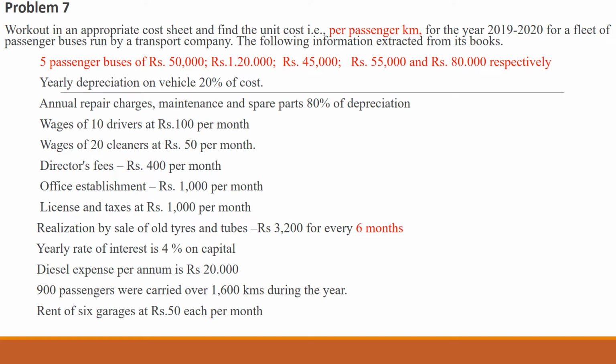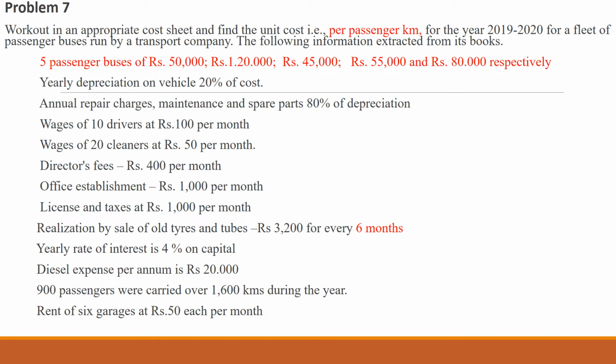So this is the problem. They're asking you to calculate unit cost, that is per passenger kilometer. This is the transport company who owns 5 passenger buses. Costs are given. Then the rate of depreciation is given. And the annual repair charges, maintenance and spare parts are dependent on the depreciation.